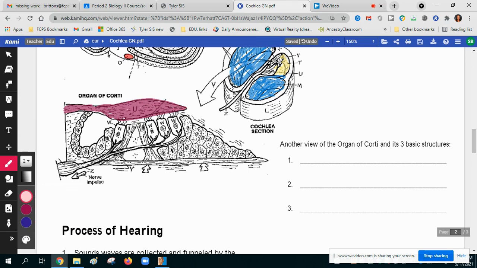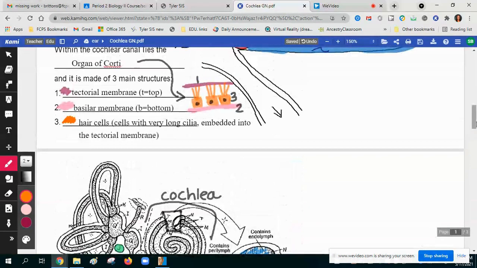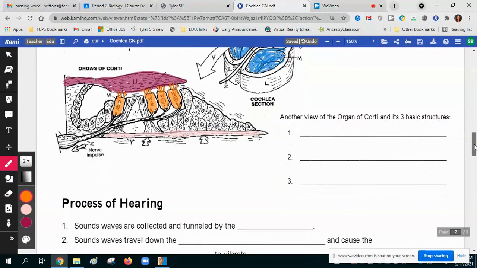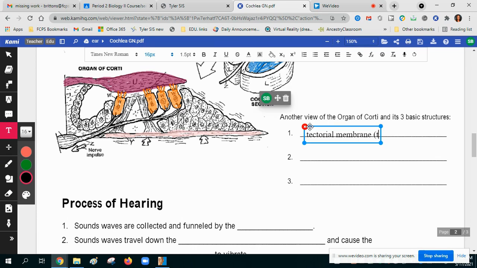Here's a second part, and the third part is here. So just like on the other page where we had purple, orange, and pink in our organ of Corti, we have the same more realistic drawing of it here. Let's go ahead and label that again. Another view of the organ of Corti and its 3 basic structures. The purple is the tectorial membrane, T for top.